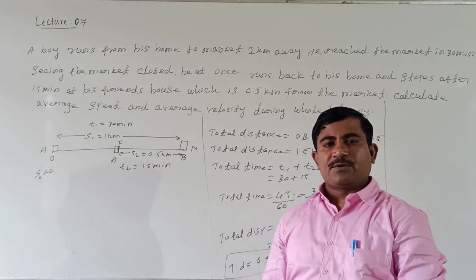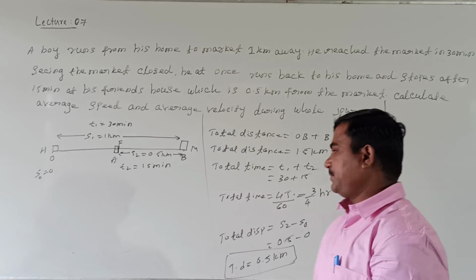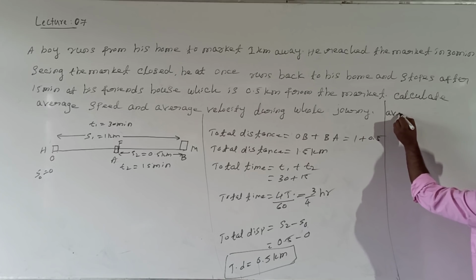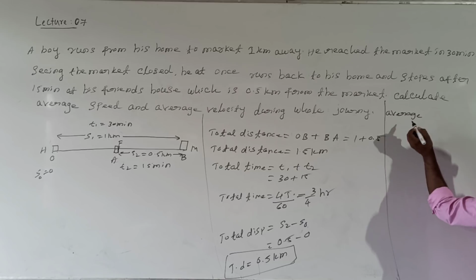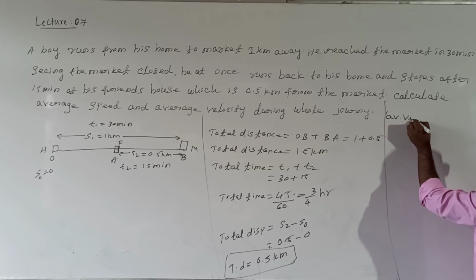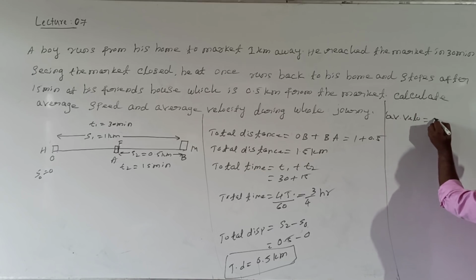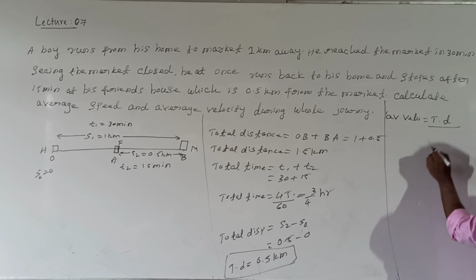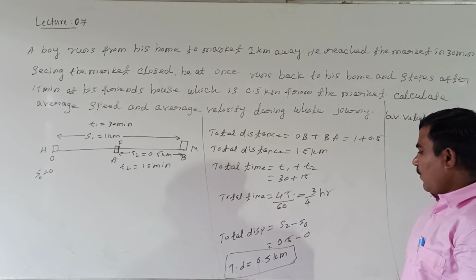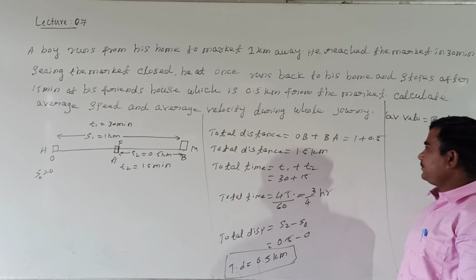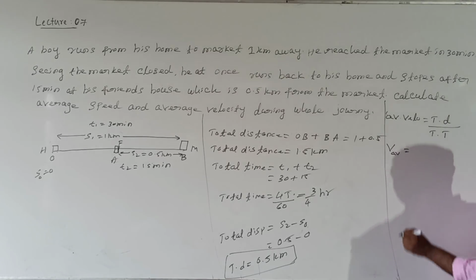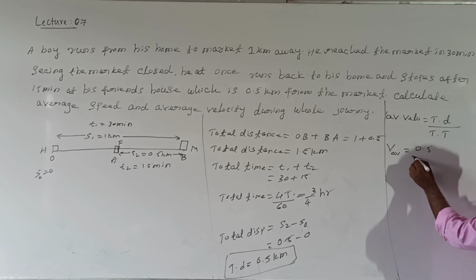Now come to the formula. Average velocity is total displacement divided by total time. What is the total displacement? 0.5 kilometer.